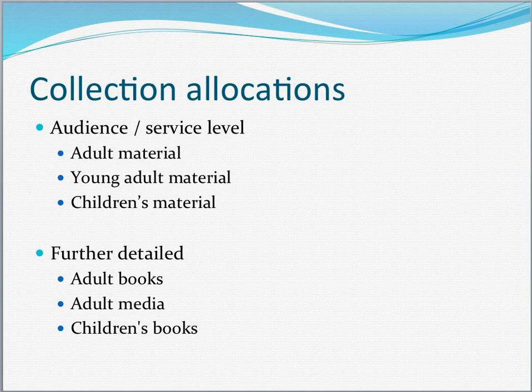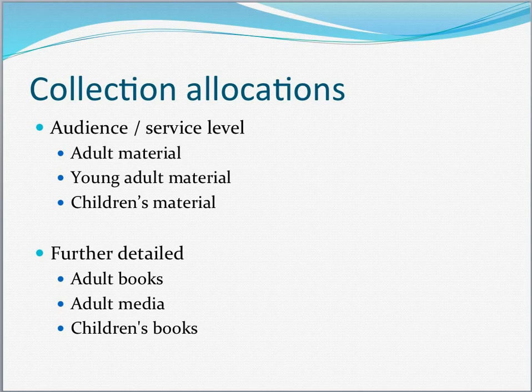So when we do allocation, we have to have a lot of detail, because it's not only about audience or service level. It is also about being explicit in what we want to spend our money on, in terms of type of materials that we want for each audience and service level.